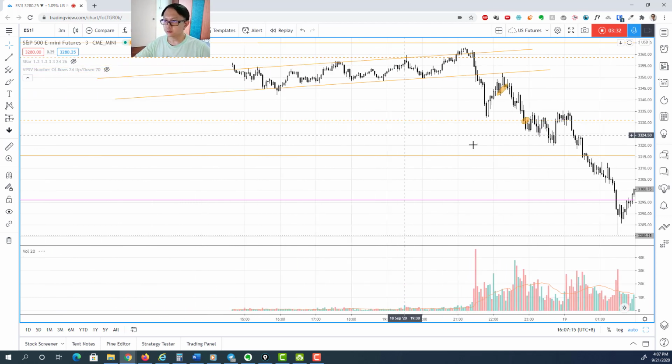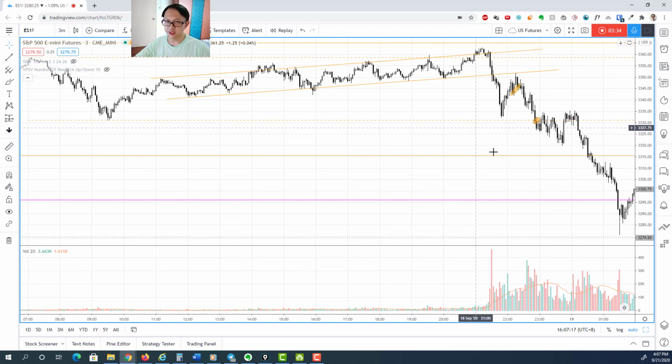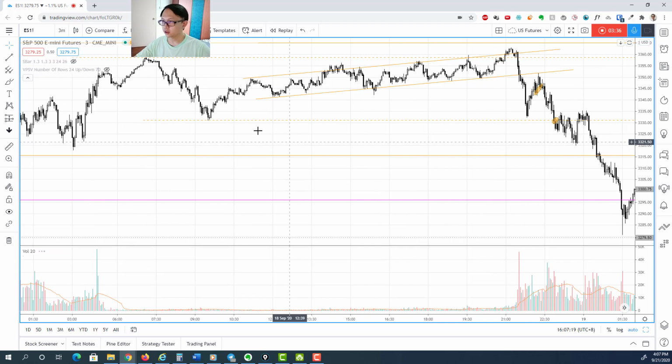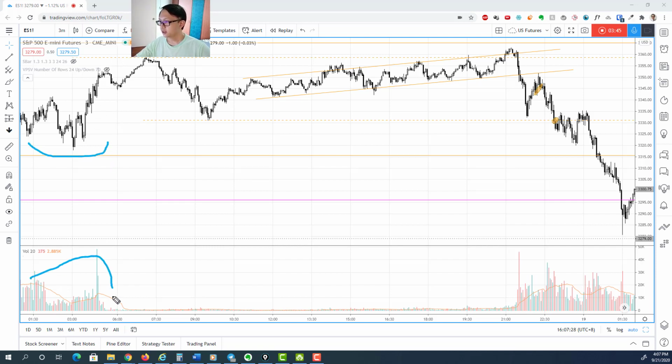Before I talk about the entry, let me give you a bit of context by zooming out this much. That's the previous day here, and you can see it in the volume as well. Subsequently, we have this reaction, followed by the trading range.